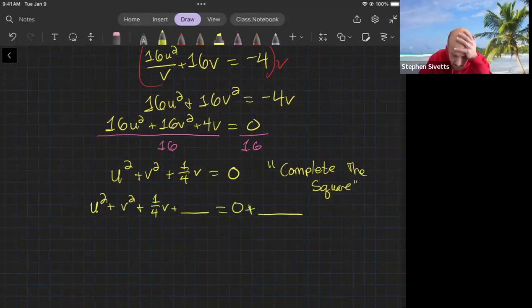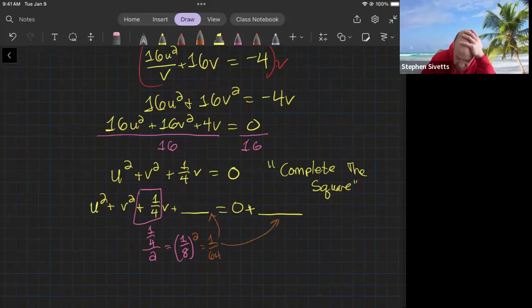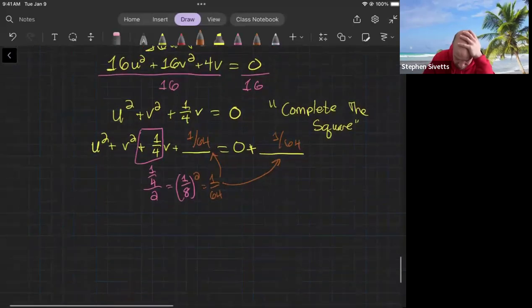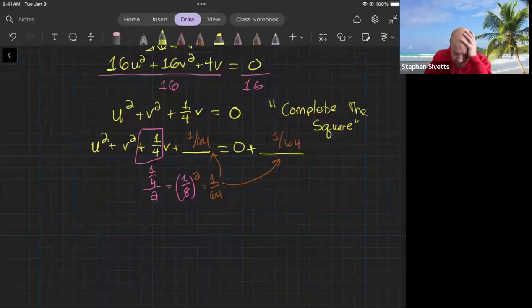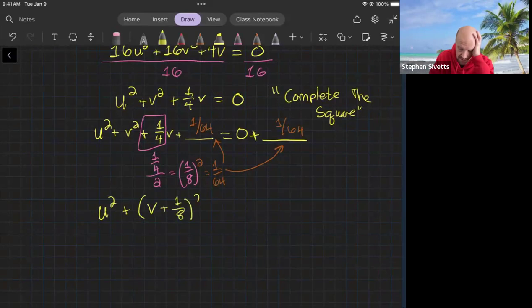To complete the square, we look at the coefficient on v, which in this case is 1/4. We divide it by 2, so that is equal to 1/8. Next, we square that number, which is 1/64, and it goes into these blank spaces. So this will be 1/64 here and 1/64 here. So the v quantity would be a perfect square, and we'll have u squared plus (v plus 1/8) squared equals 1/64.